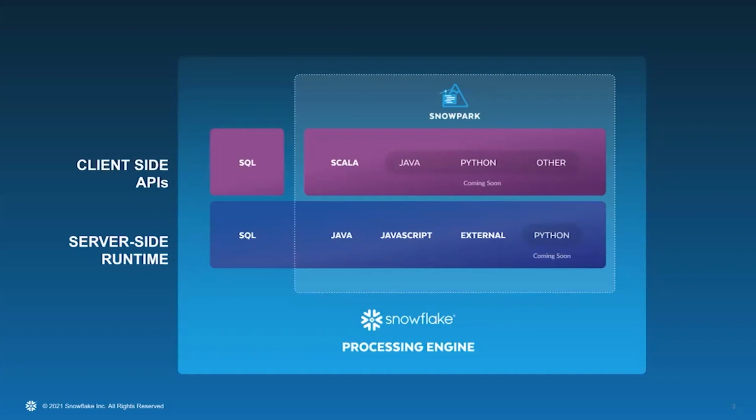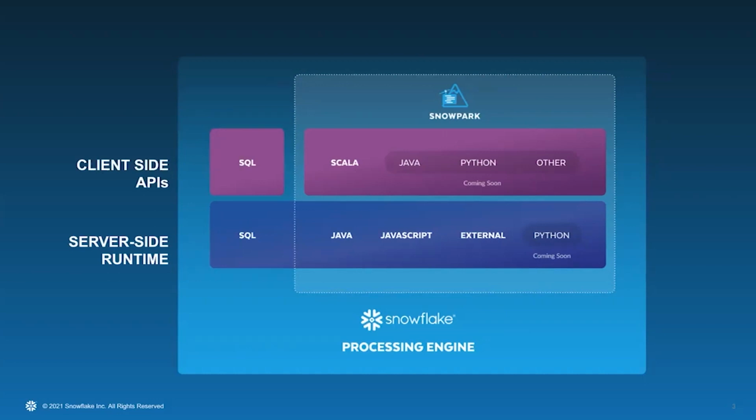But we have another layer here, the blue layer, where instead of writing the code outside of Snowflake, we can do everything inside and run SQL, Java, JavaScript UDFs, or even call external functions where your code is executing inside Snowflake. Most of the processing happens inside Snowflake.